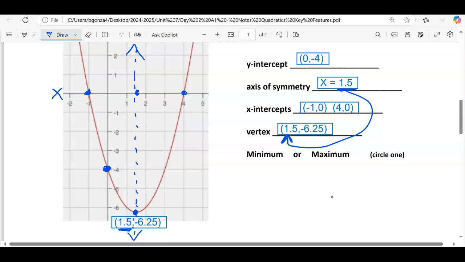That's how you always write the axis of symmetry, x equals the x value of the vertex. Okay. Last step. Is that a max or a min? What do you think? It's at the bottom. Bottom is minimum. So circle minimum. That's how you do it.